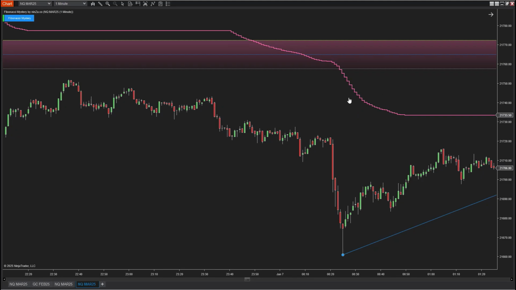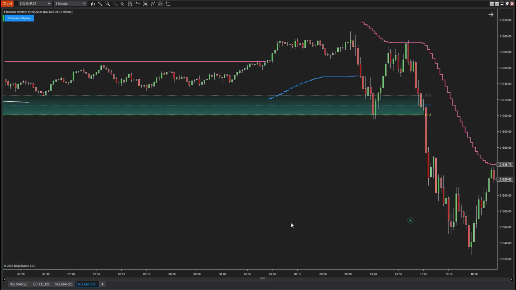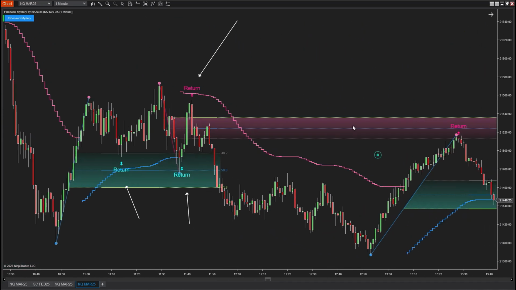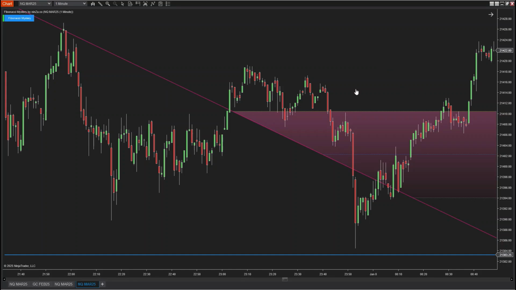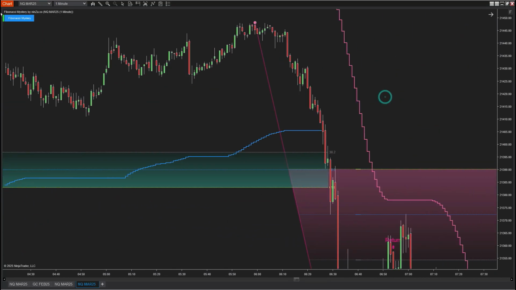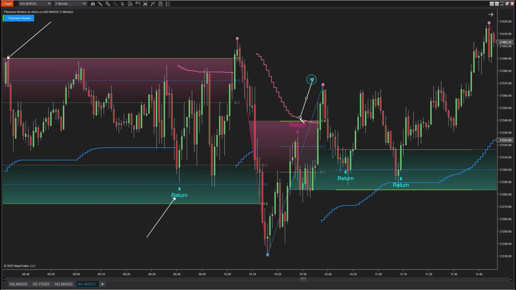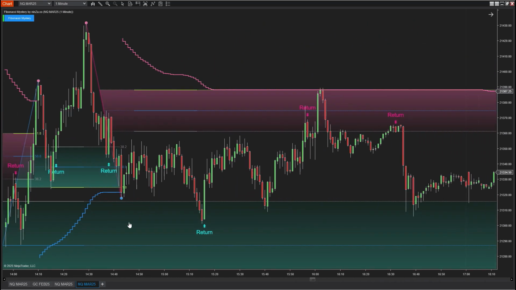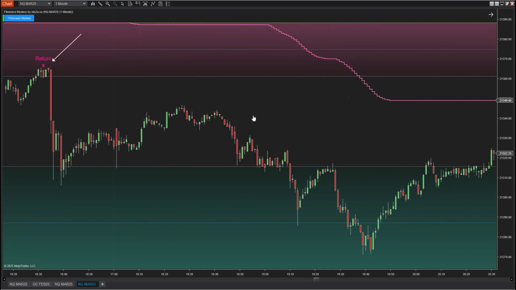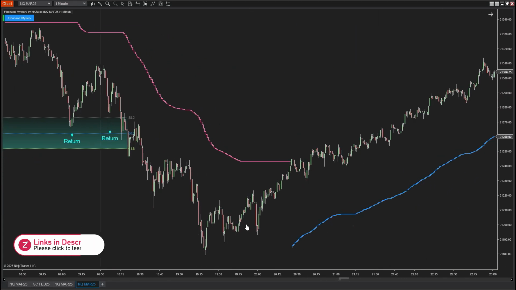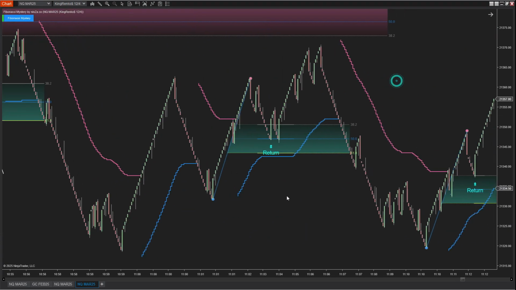Here are signals on 1-minute bar type. Here is signals on King Renko bar type.